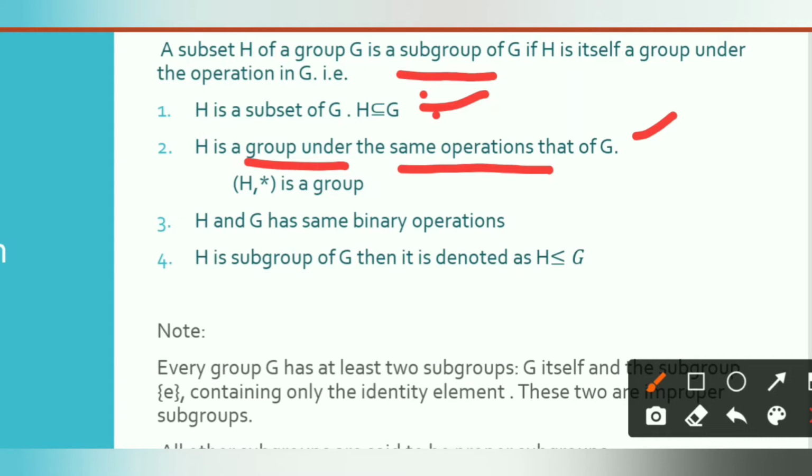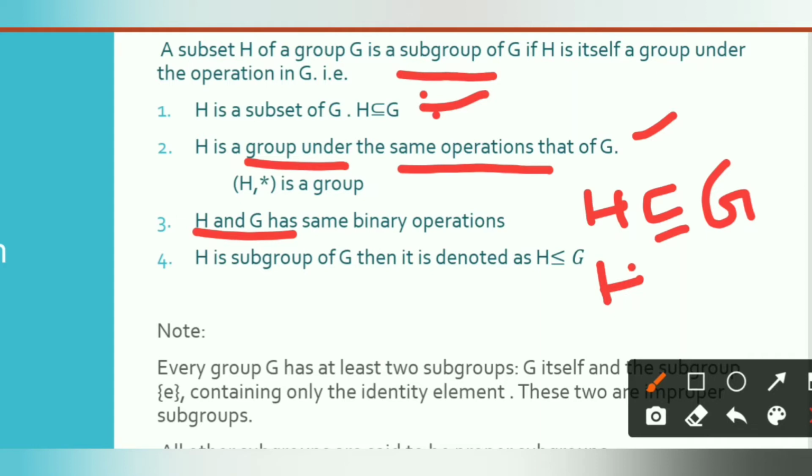Now from here we conclude two more things, that H and G have the same binary operation, and it is a subgroup, meaning it is a group itself. Now this is the symbol of subset. If H is a subset of G, then we will put this sign.